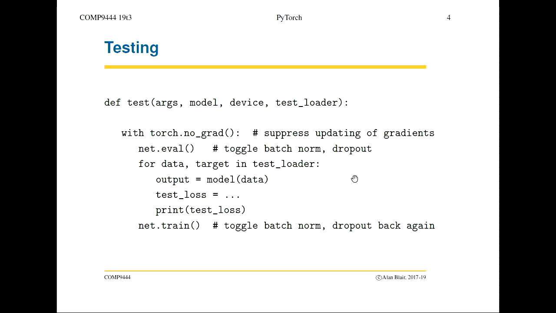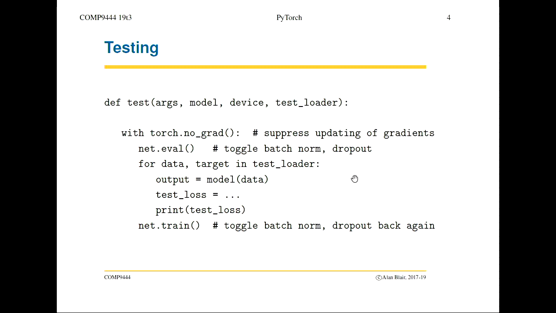When you say net.eval, that says until further notice, I want you to deal with dropout by having all the nodes present, but multiplying all the weights by the same percentage, right?